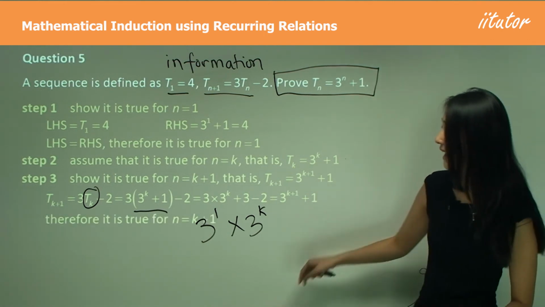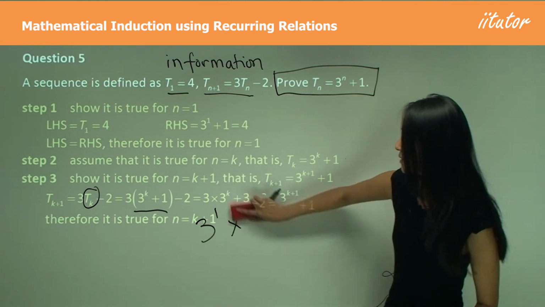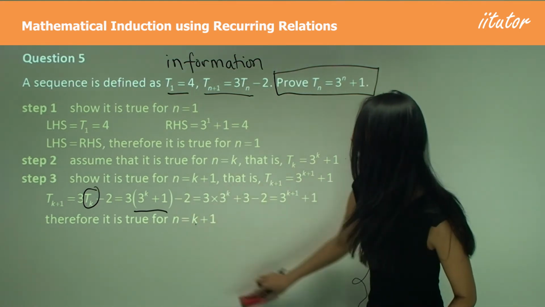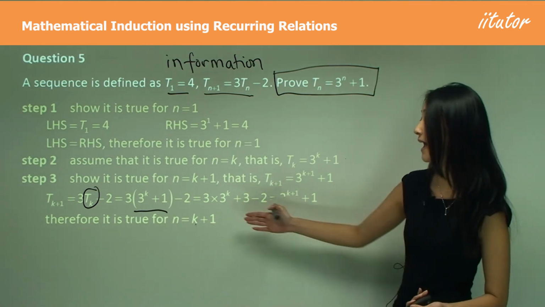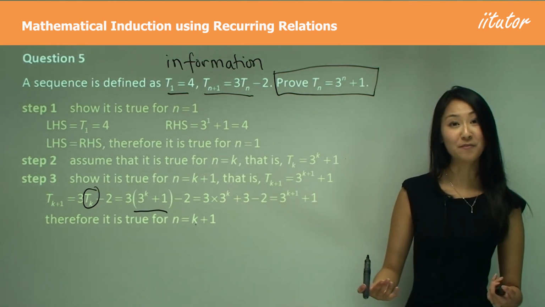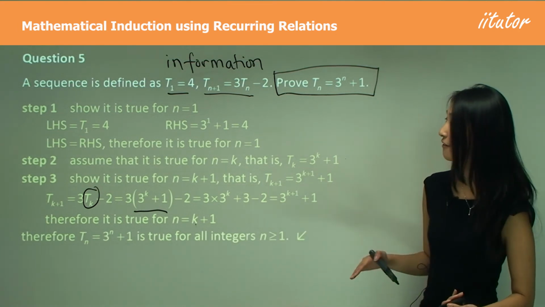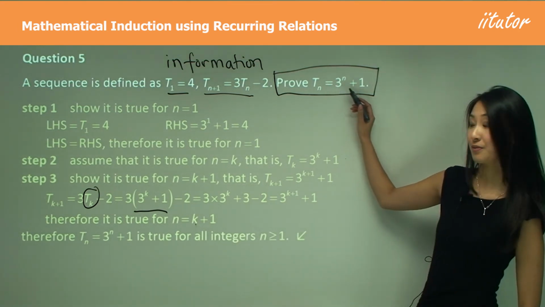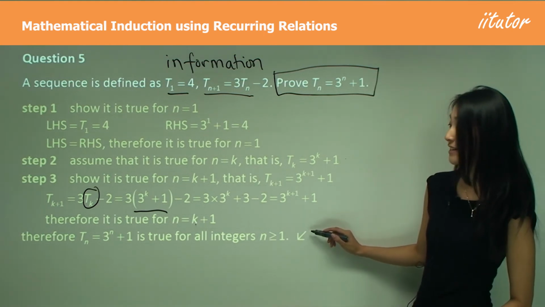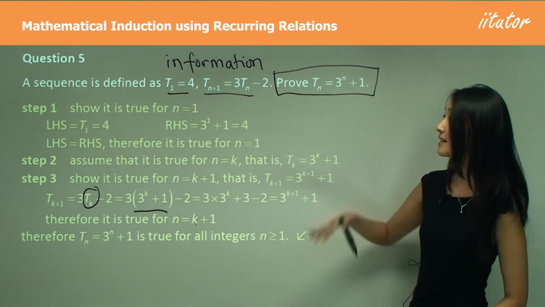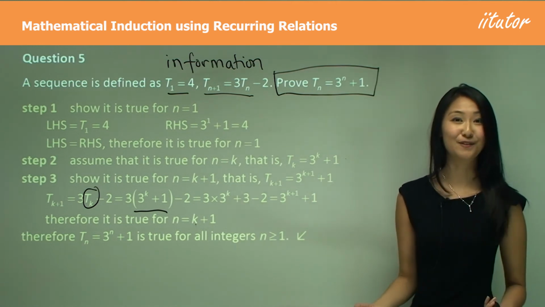So you can say that therefore, since we've proven the left-hand side does equal the right-hand side, it is true for n equals k plus 1. And in conclusion, therefore, tn equals 3^n plus 1 is true for all integers n greater than or equal to 1.